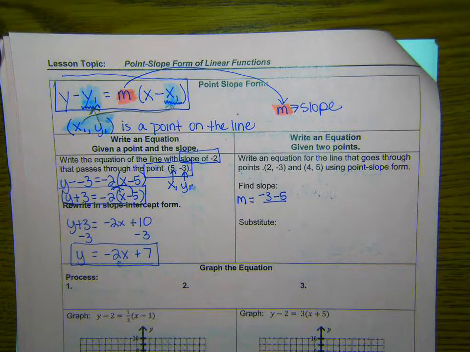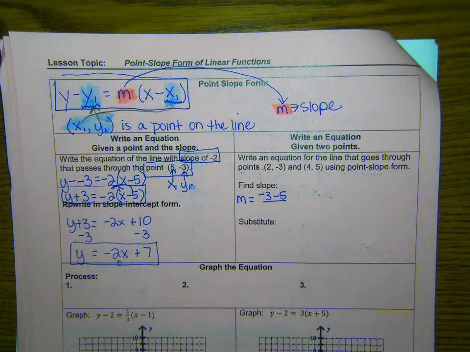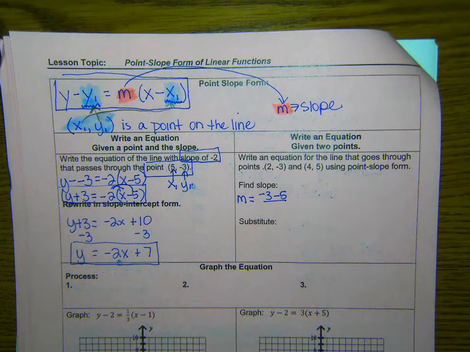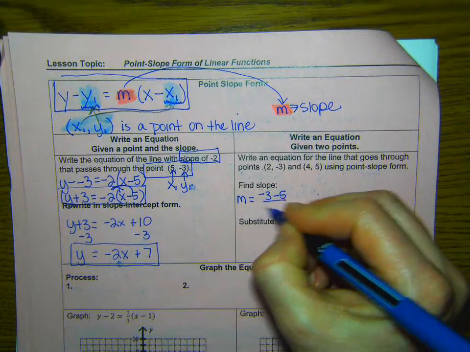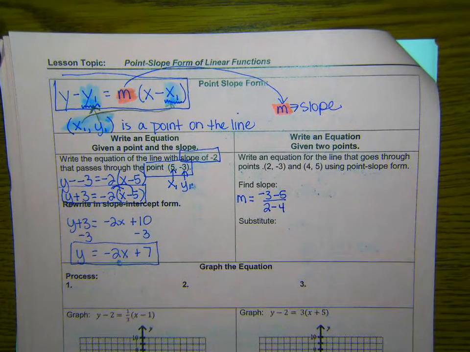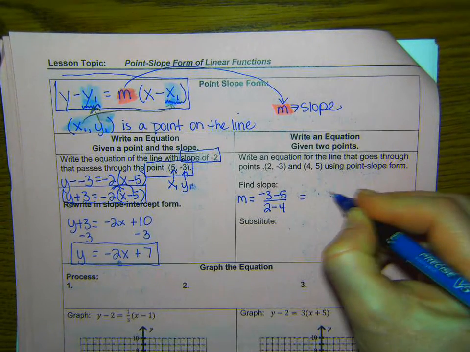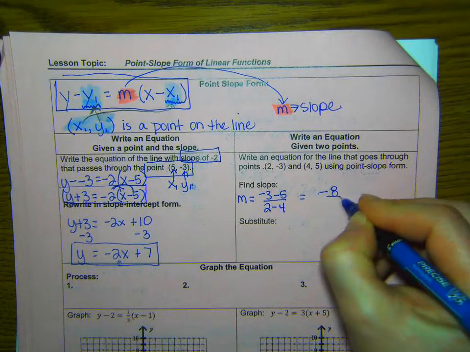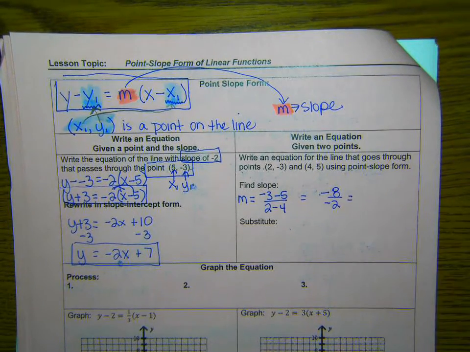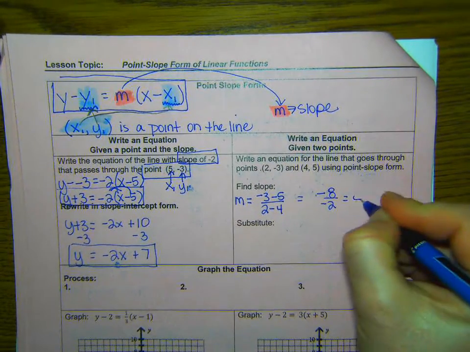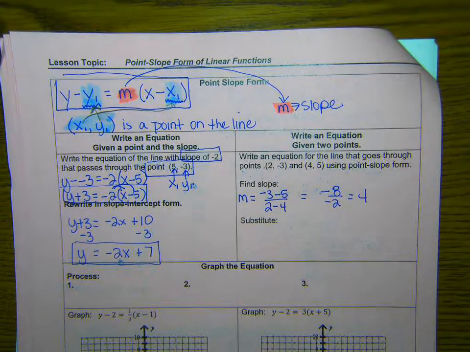If I do that, what do I need to do on the bottom? 4 minus 2. But I did negative 3 minus 5 on the top. So I would have to do 2 minus 4 if I did that order. You can do 5 minus a negative 3, Abby, and then do 4 minus 2 on the bottom. Just go the same order. All right, I get negative 8 over negative 2, which is 4.